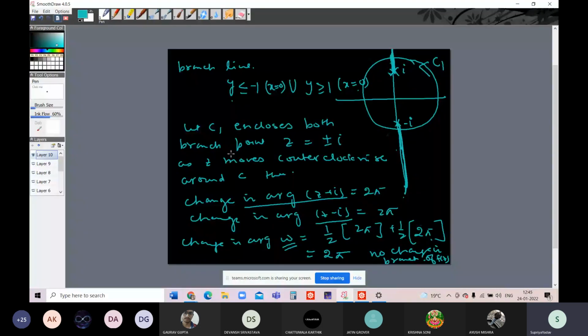So now start with elementary functions. First of all, I will start with the exponential function.